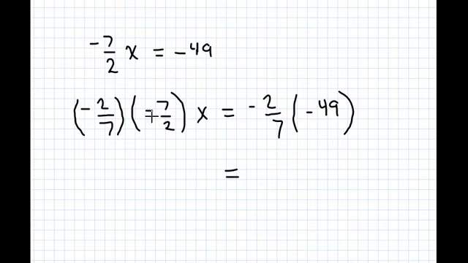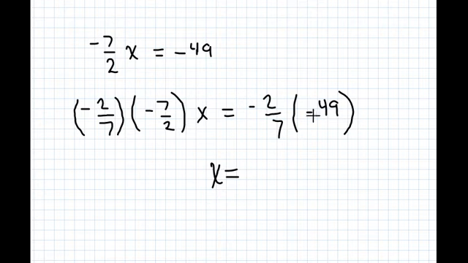So a negative number times a negative number is a positive number. All right. And we have 2/7 times 7 halves, that's its reciprocal. And what's going to happen here is the 2's are going to cancel out and the 7's are going to cancel out, and we're going to be left with just a 1. So once again we have 1 times x, but we don't write that, we just write x.